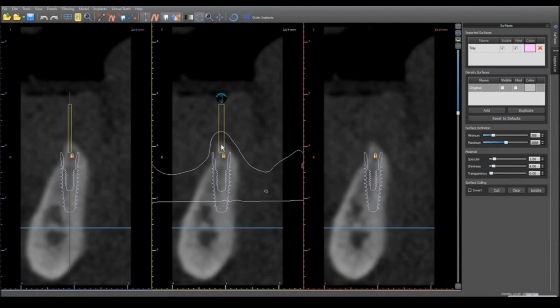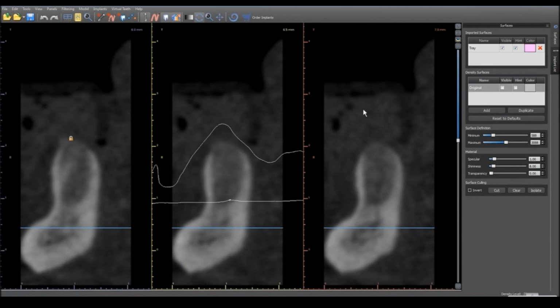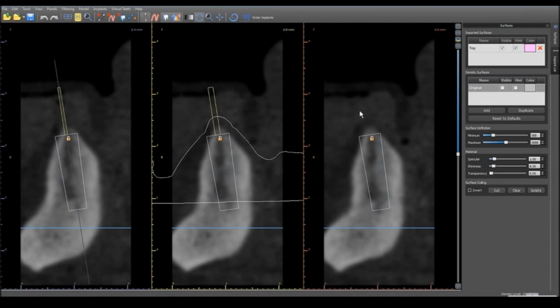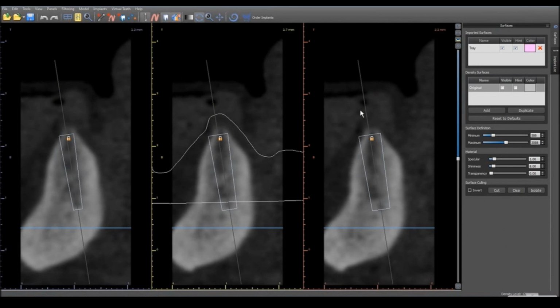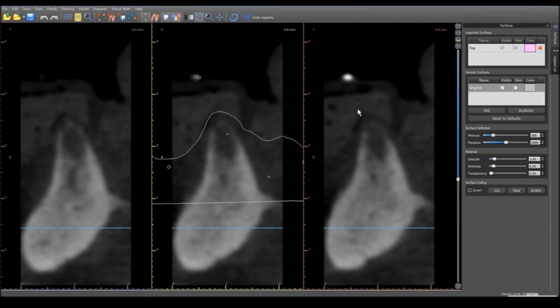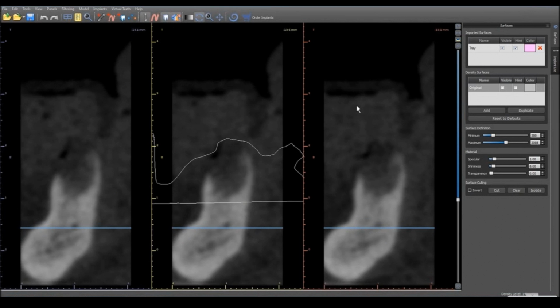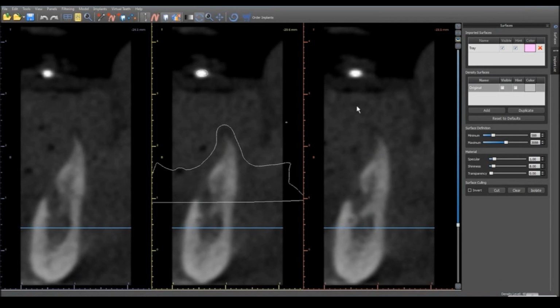And then place the implant such that the implant is coming through the peak of the soft tissue ridge. This is number 24 site. I think that's the 28 site.